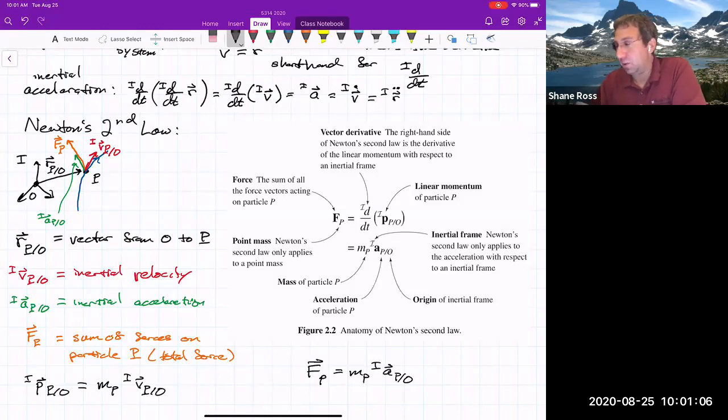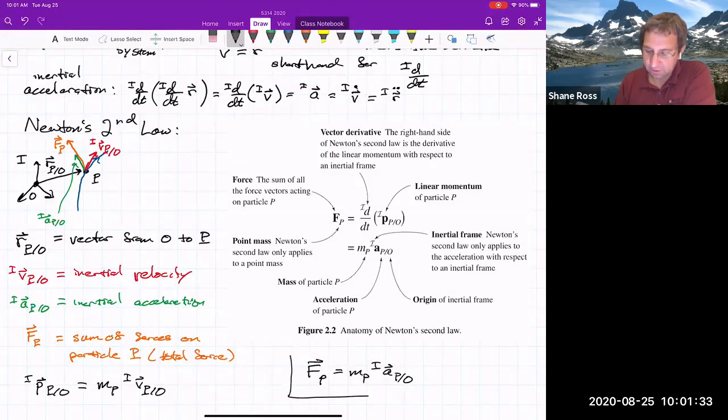What's another type of frame? Another type would be a rapidly rotating frame. You couldn't just write Newton's laws and assume they hold in that frame, unless you're careful and write all of the derivatives with respect to the rotating frame, but in an inertial frame. But we'll get to that. So this is the main equation for what we'll do next.